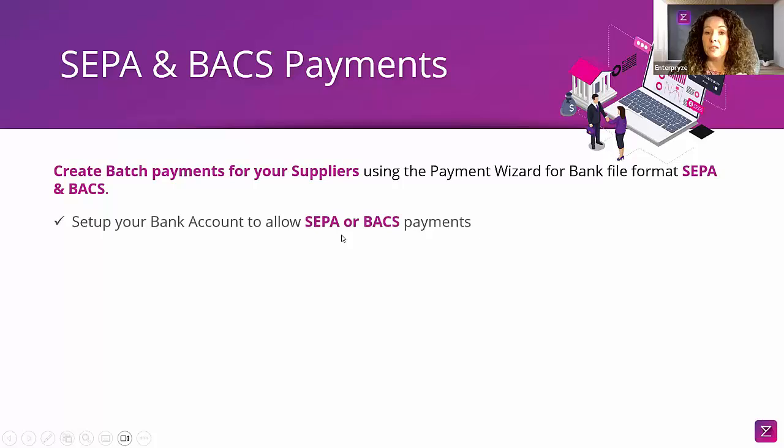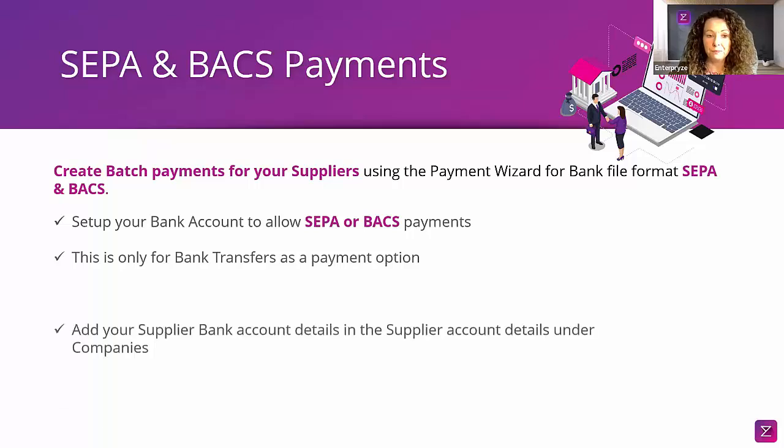So you very simply define when you're setting up your bank accounts, and that's done through the settings module in finance and banking. You will see a tick box at the point of setting up the bank account where you can specify if it's applicable to SEPA or BACS payments. So this is only for bank transfers as a payment option.